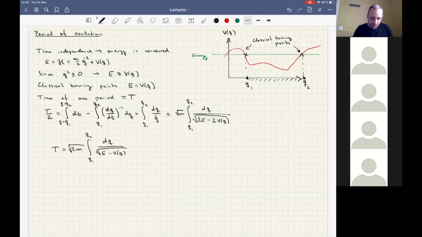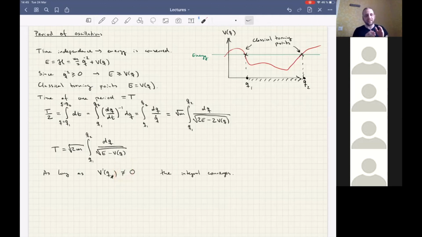And so let's note the following. Let q star be one of these classical turning points. As long as V prime of q star is non-zero, the integral converges. And if this instead is an equal sign, the integral diverges.